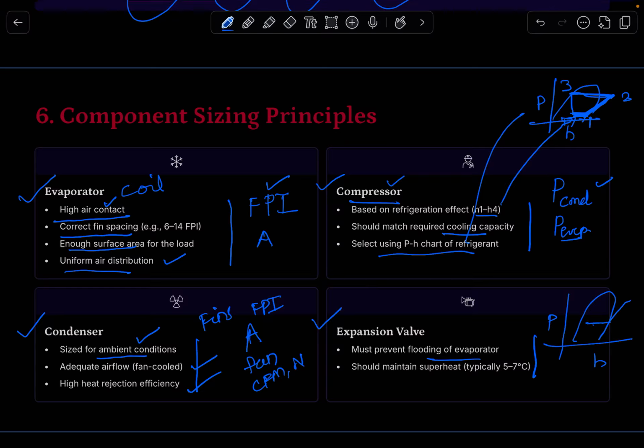This is your saturation curve, and this region is called superheat. So this superheat has to be maintained while designing the expansion valve or capillary tube in your component sizing of the refrigerant. Okay, so these things you have to keep in mind while we talk about the design of refrigeration systems.